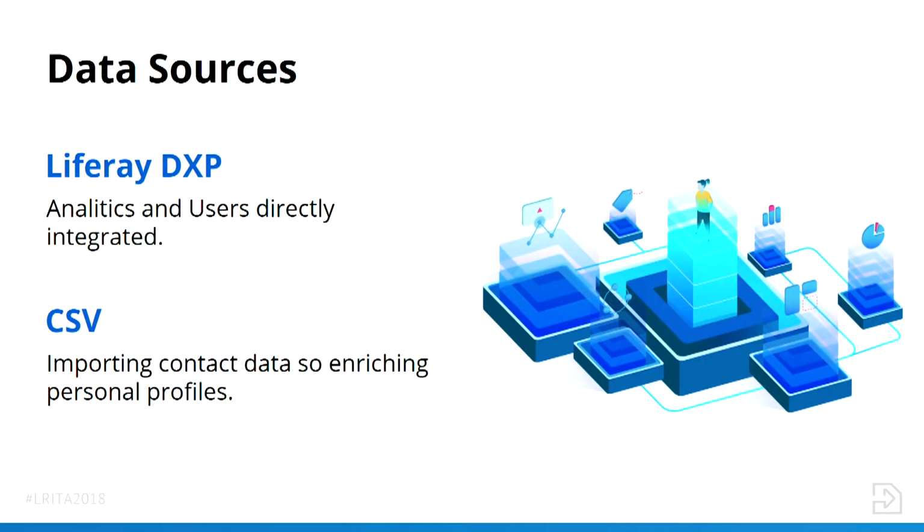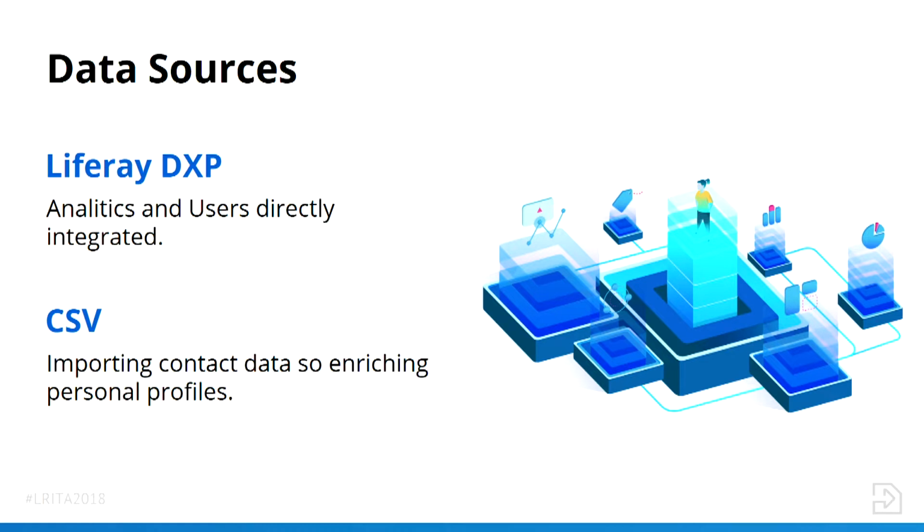And finally, the third key concept that I wanted to mention is data sources, okay? So we need data. We need to take this data from your systems, analyze it, and offer it to you. We'll see later in the roadmap that we expect to have many different data sources, but right now, we can connect out of the box with Liferay DXP and with CSV files.